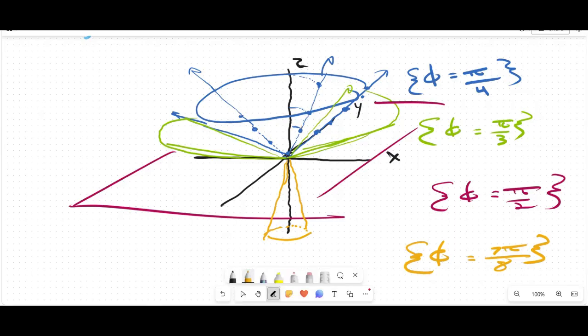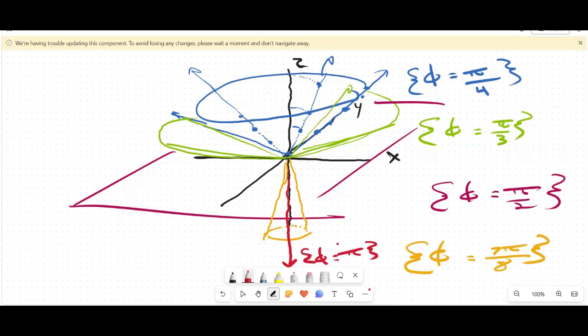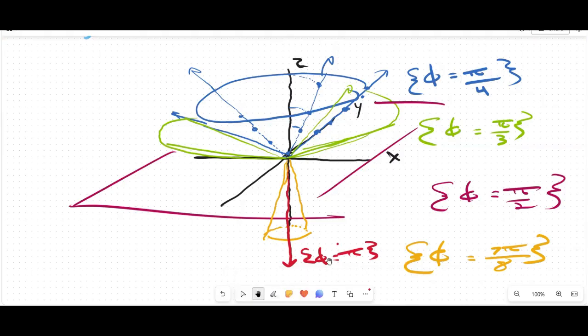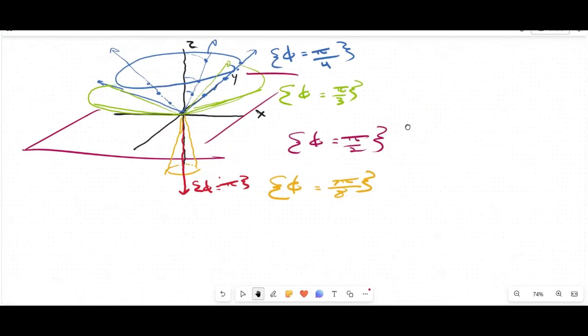And then maybe just to finish the picture, we'll throw one more in there. This line here, this negative z-axis, that's phi equals pi. Okay, you can really see it there. The cone opens up and then closes in the other direction as we choose various values of phi.